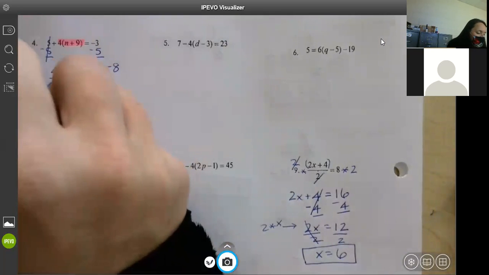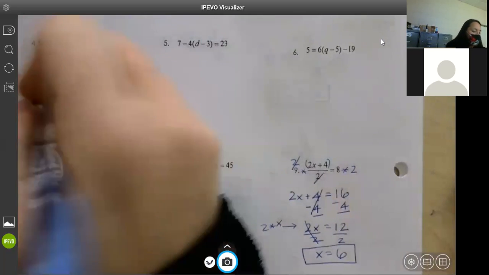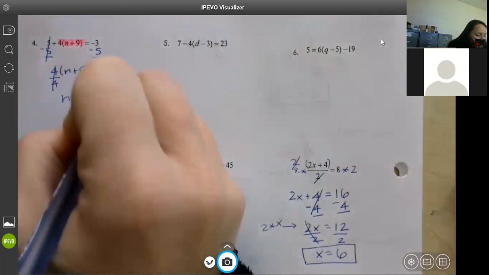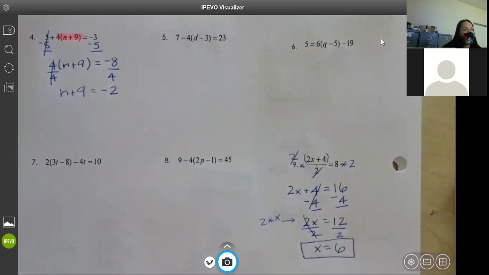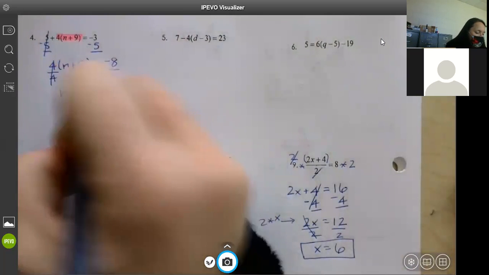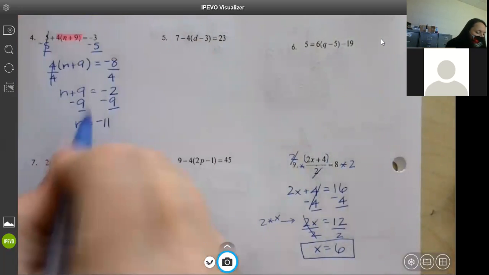So let's go ahead and get rid of it by dividing. We're left with n plus 9 equals -2. How do I get rid of a +9? -9. And I get n equals -11.